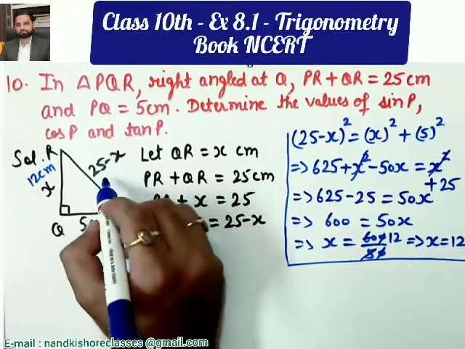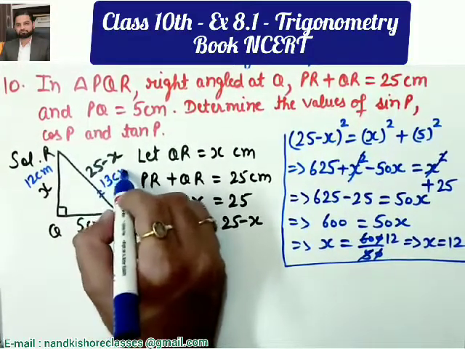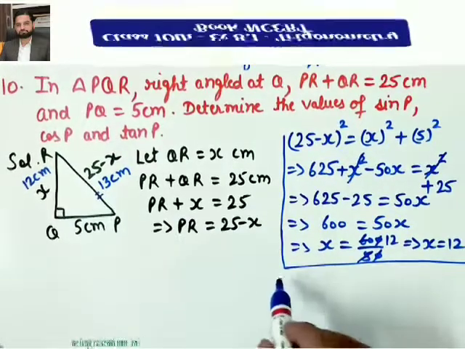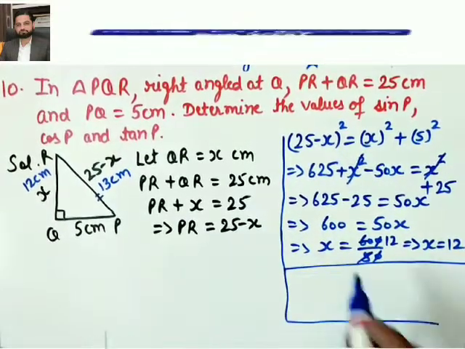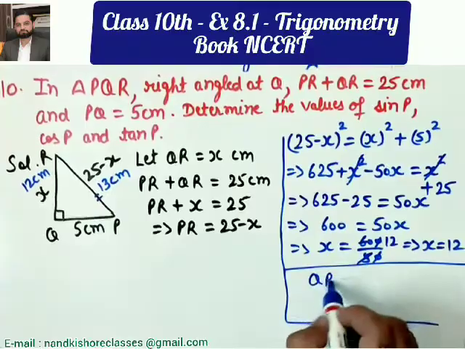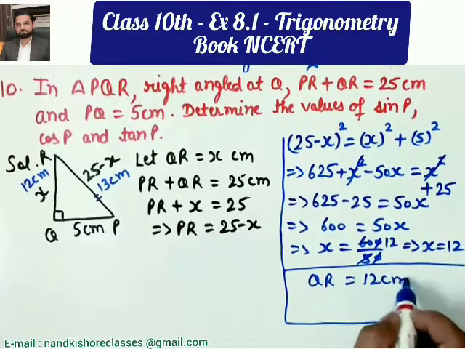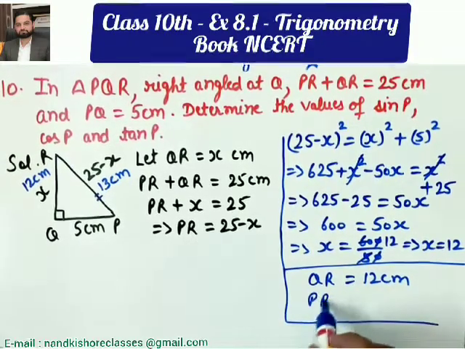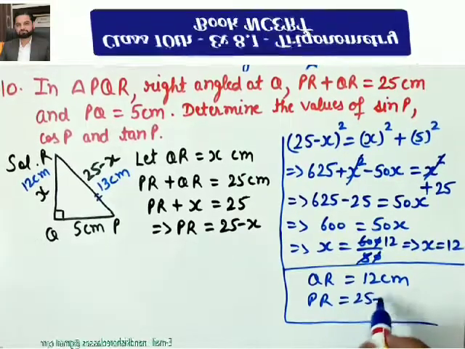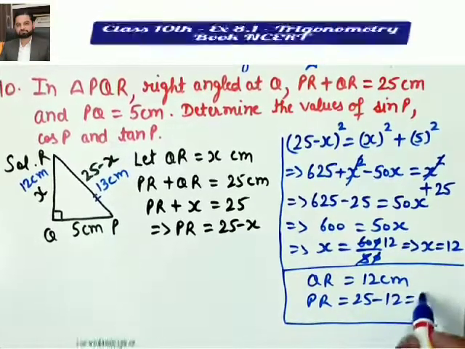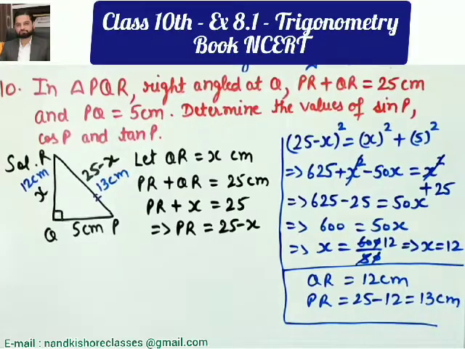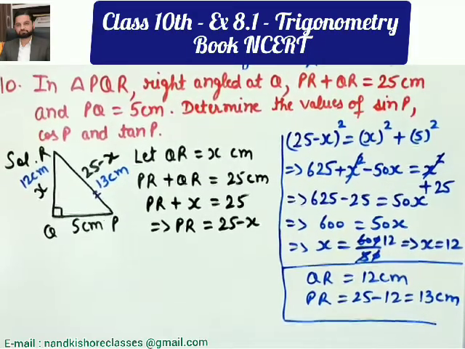When I do 25 minus 12, I'll get this value as 13 centimeter. So I'm going to show here QR is 12 centimeter now, and PR is 25 minus 12, that means it is 13 centimeter. I hope you are clear now. Now see, it's very easy.